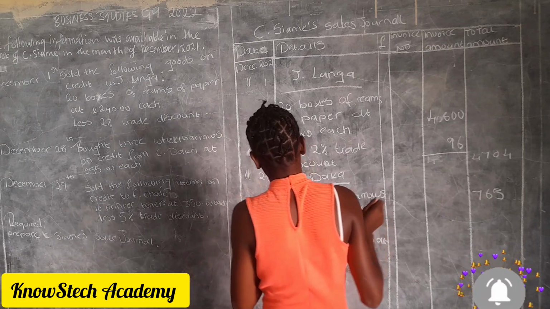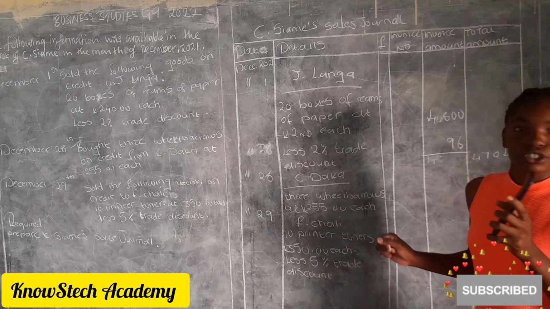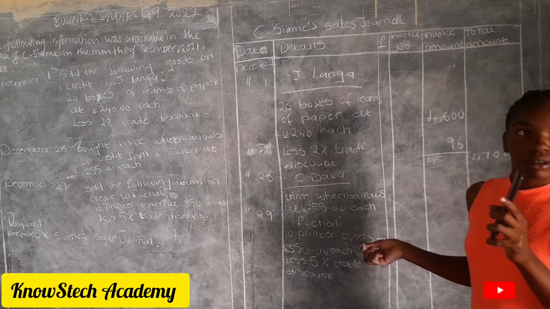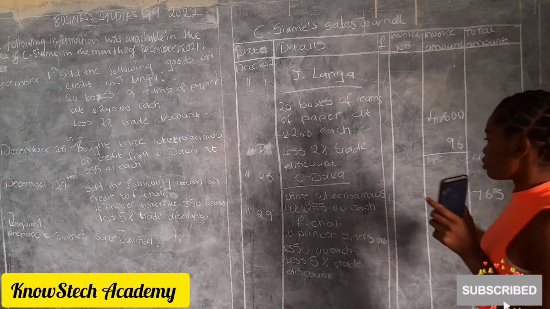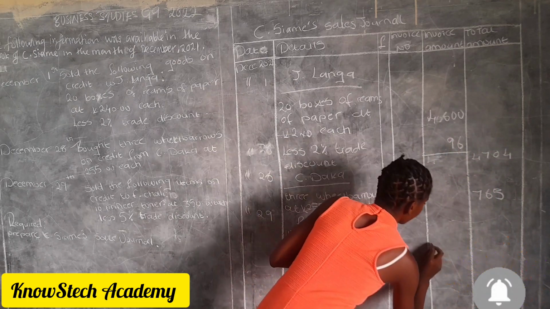So first we're going to multiply 350 times 10, which is 3,500.